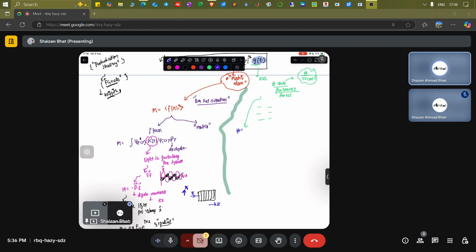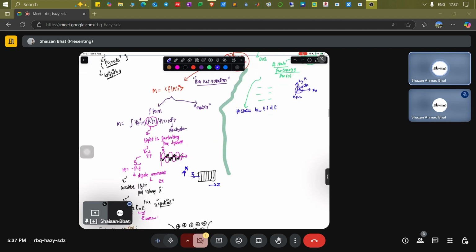These are the number of states between E and some small dE. Let's say you have a k-space representation, with kx, ky, kz, and you consider a small dk element and count the number of states and then integrate it. That is basically how you compute the density of states.